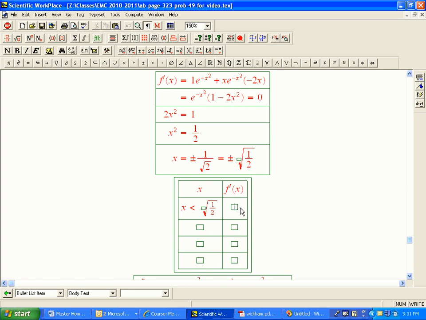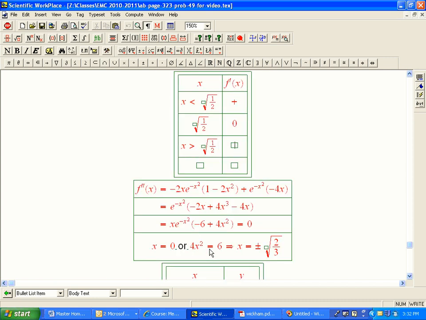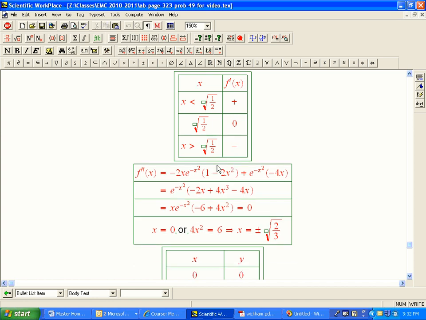So that's positive. When x equals root 1/2, of course, that's where it's 0. And then when x is bigger than root 1/2, that's where x squared is bigger than 1/2, or 2x squared is bigger than 1, and so that's where this becomes negative. Okay, so that's the sign chart for the first derivative.